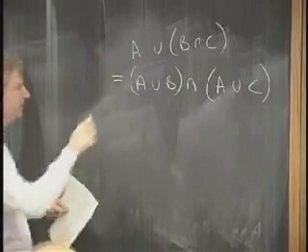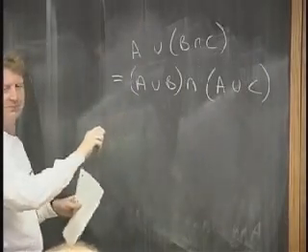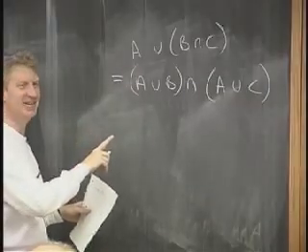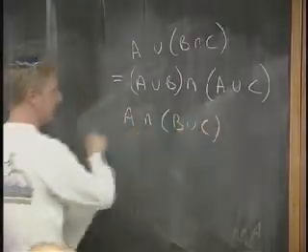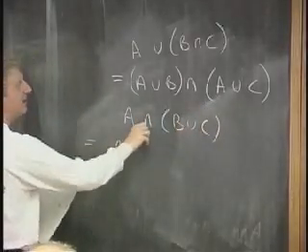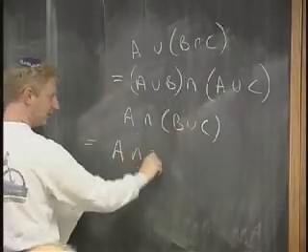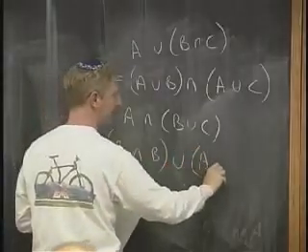Who wants to give me the next one? A and B or C, good, equals A intersect B union C equals A intersect B union, stop saying and or.